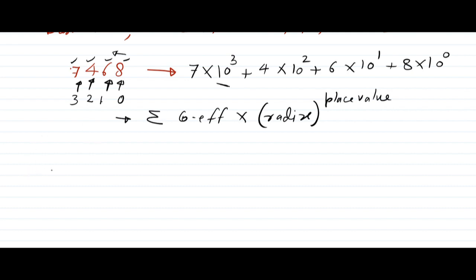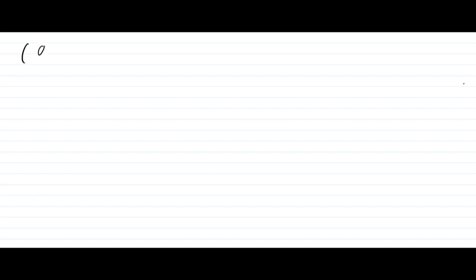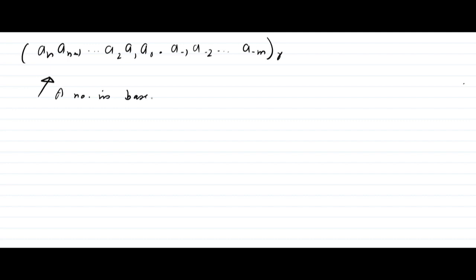Now suppose I want to generalize it. Suppose any number system is in base R, so I can write a number like this: a_(n-1) up to a2 a1 a0 point a_(-1) a_(-2) and so on up to a_(-m), to the base R. This is a number in base or radix R. The coefficients here will be from 0 to R minus 1.